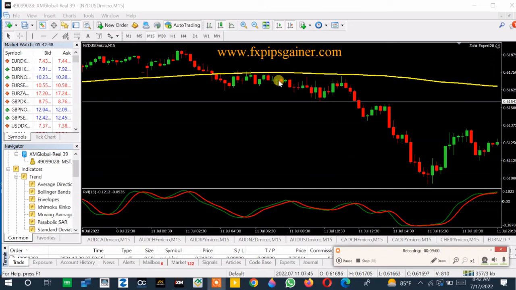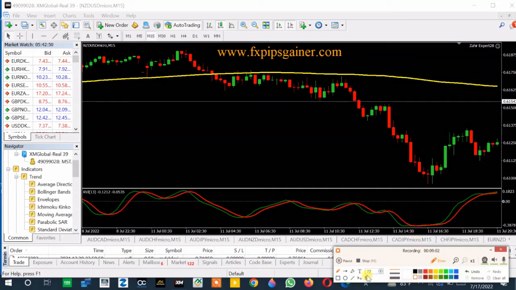We can search here for another entry point. It's a sell signal. The price is near the 200 EMA, so we can make a sell entry here. Here is a buy opportunity, but the market is down, so it is not valid.